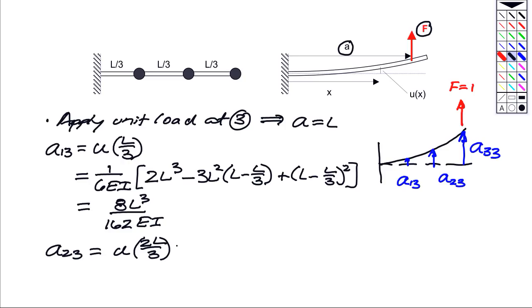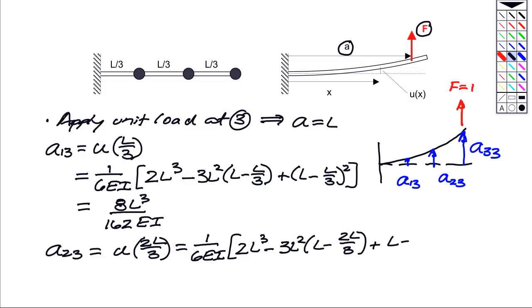And that will be, again, me putting in those numbers for A and for X. This is 1 over 6 EI, 2L cubed, minus 3L squared, times L minus 2L over 3, plus L minus 2L over 3, that quantity squared.